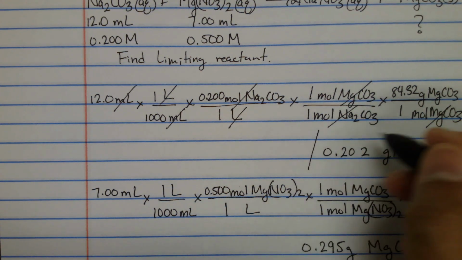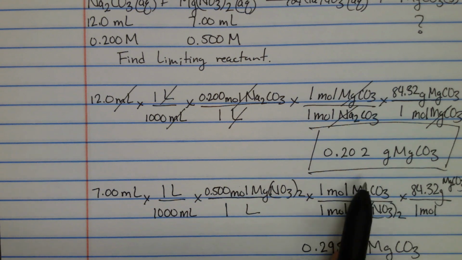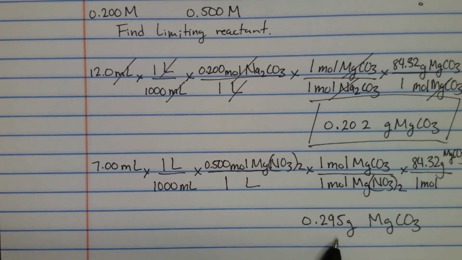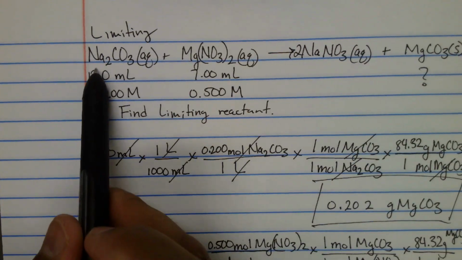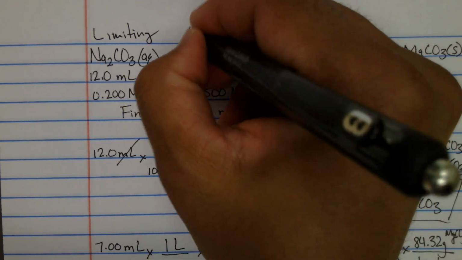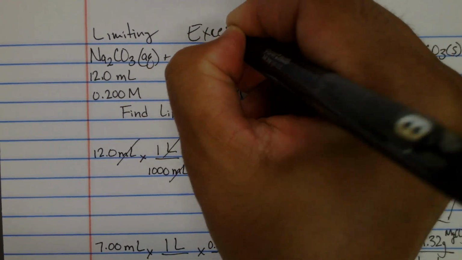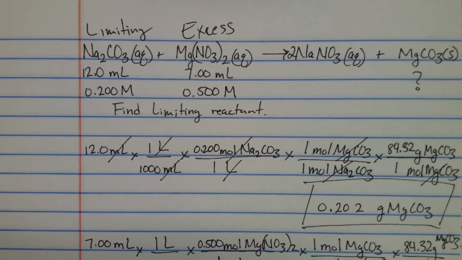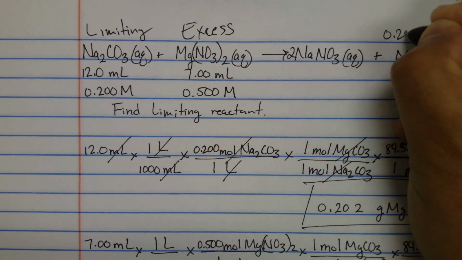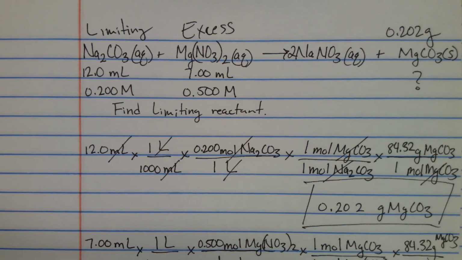And so notice that the smallest amount is all that we can get. There's not enough carbonate to give us any more. The sodium carbonate will be limiting. The magnesium nitrate is in excess. And our magnesium carbonate produced is 0.202 grams.